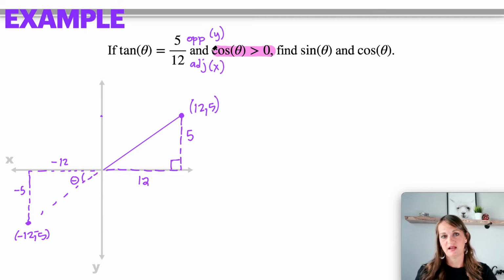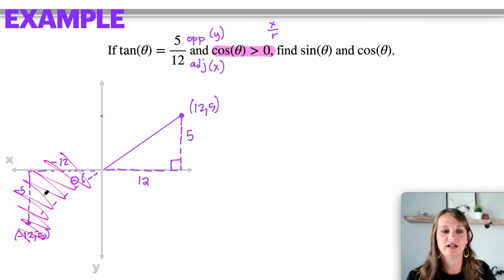But I tell you that the cosine, which is x over r, I tell you that the cosine is positive, which means your r is always positive because Pythagorean theorem makes you have a positive number. That means if cosine's positive, it had to have a positive x value, which means it would not have been that quadrant.